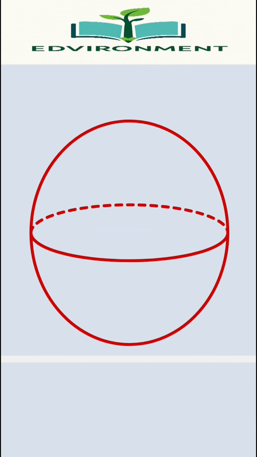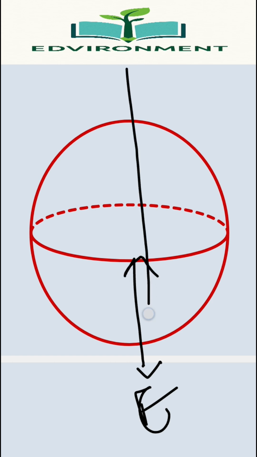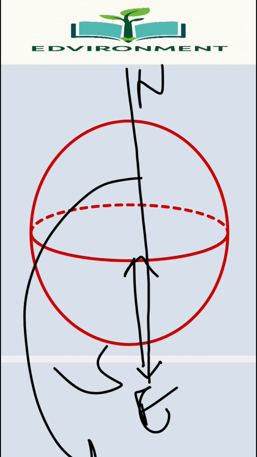It might not have been clear earlier, so I'll show you with an easier explanation. Check this. This is the equator, and this line which we are drawing from the North Pole to the South Pole is the Greenwich line, or simply the 0 degrees line. And you know the equator is also at 0 degrees.